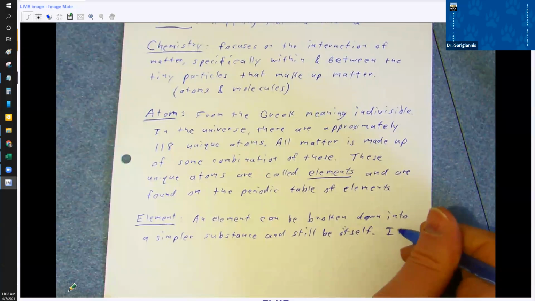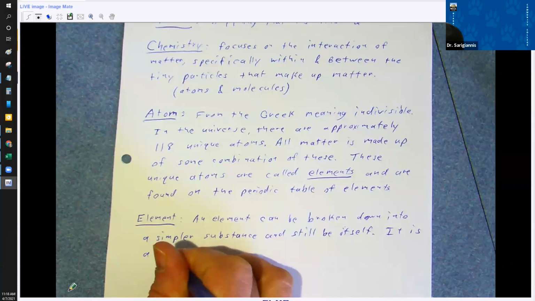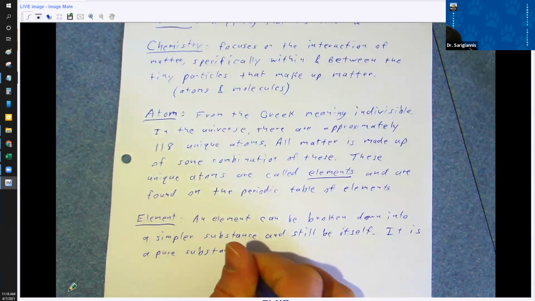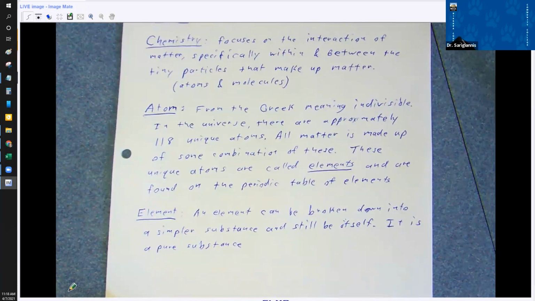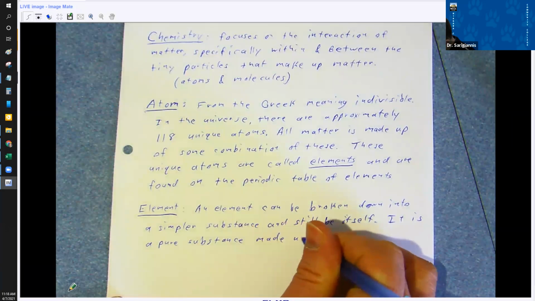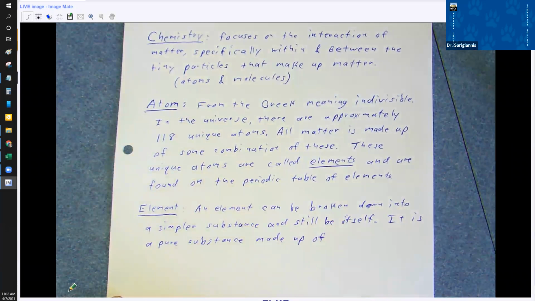It is a pure substance made up of only one type of atom.